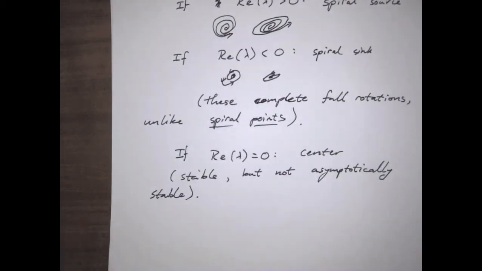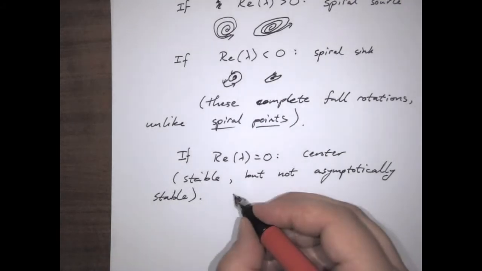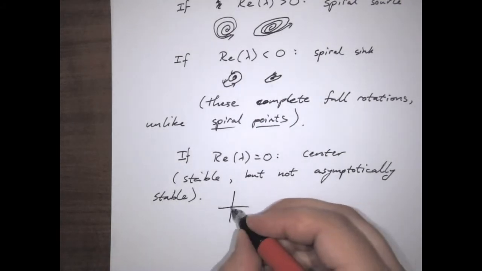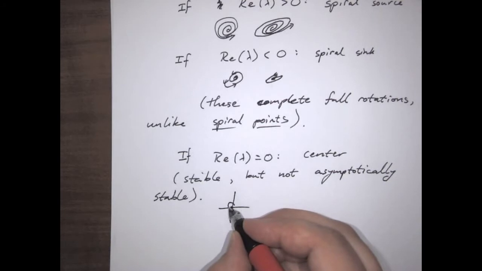But not asymptotically stable. So those look like just a bunch of concentric circles or ellipses.